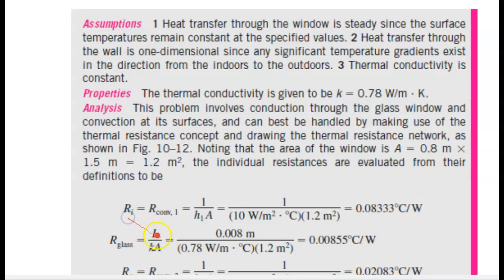That was 8 millimeter, so we need to convert that into meters, 0.008. K is the thermal conductivity, which is 0.78. And the area will remain the same, 1.2. Make sure that's in meters, standard units. And we will get a value for the R of the glass.